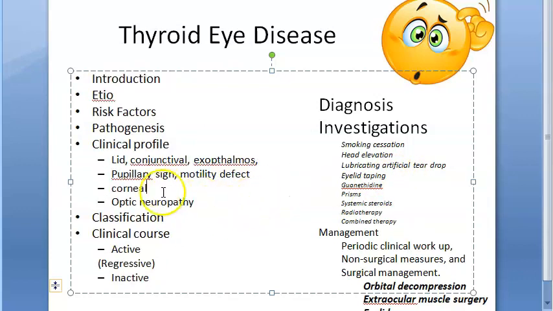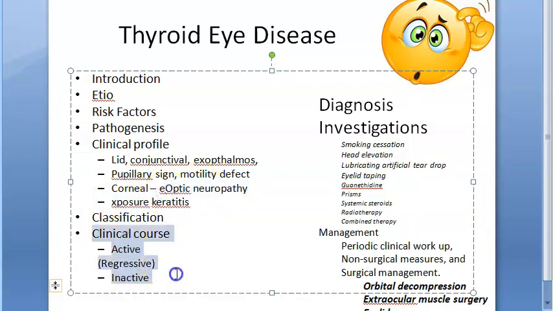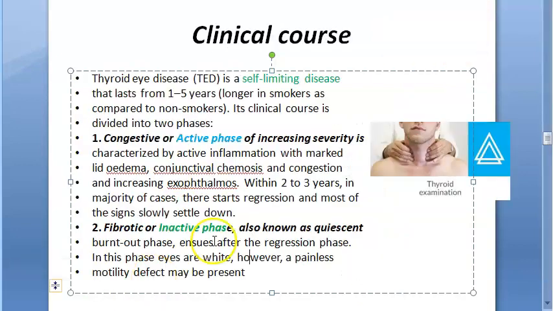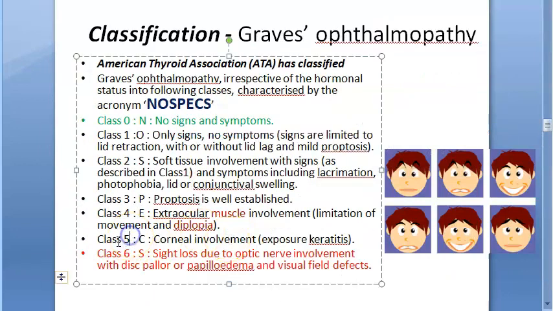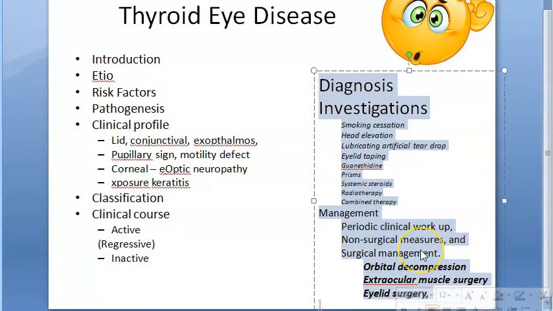Then you have diplopia, etc. And then corneal exposure keratitis, that is class 5. Then you have optic neuropathy, which is class 6. Then we saw classification. Then we also saw the clinical course, active, regressive, inactive. So in the classification, class 5 was corneal involvement, exposure keratitis. Yes, let's move on to diagnosis, investigations and management, guys.